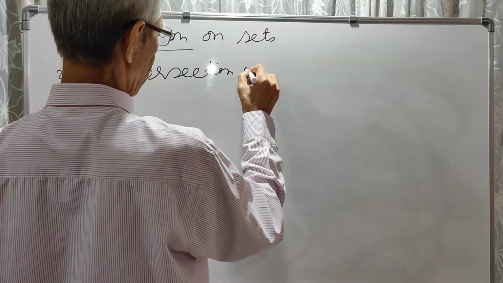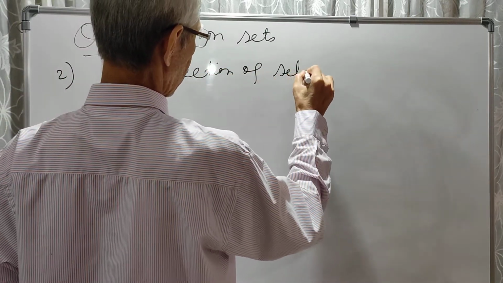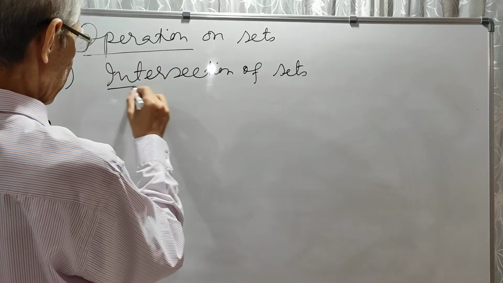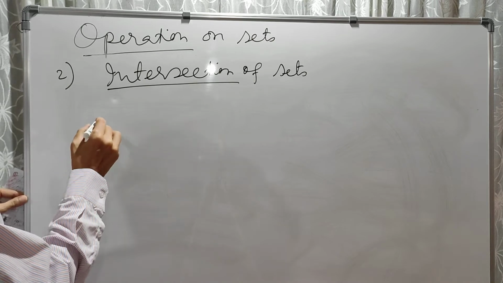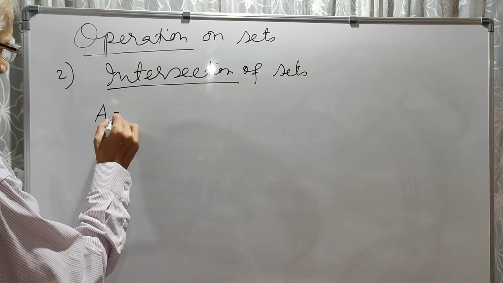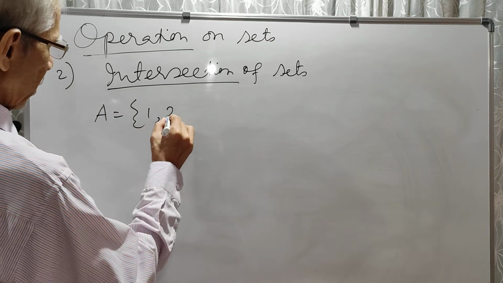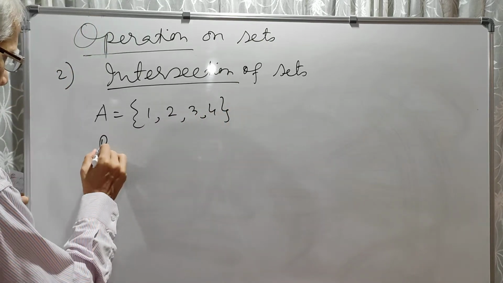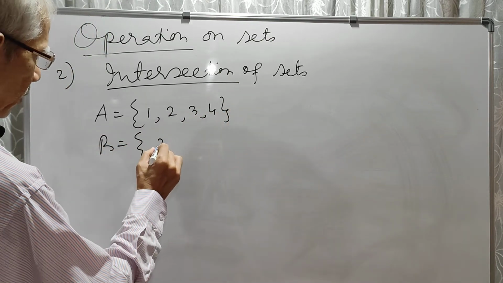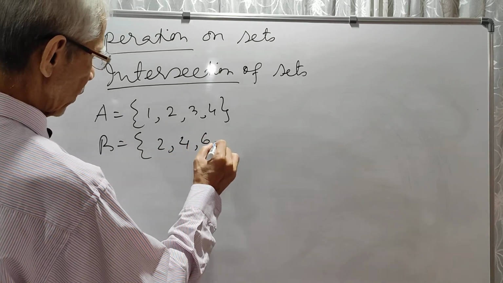Intersection of sets. Now, let us see this one. Suppose A is 1, 2, 3, 4, and B is 2, 4, 6, 9.